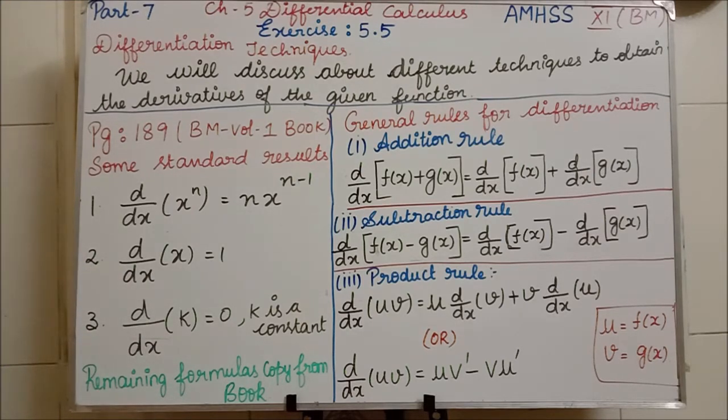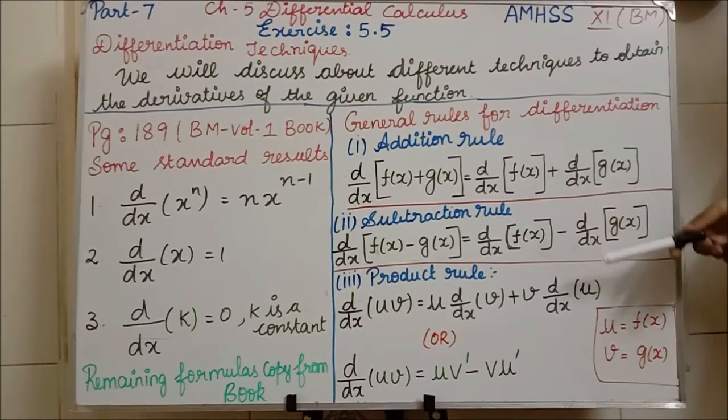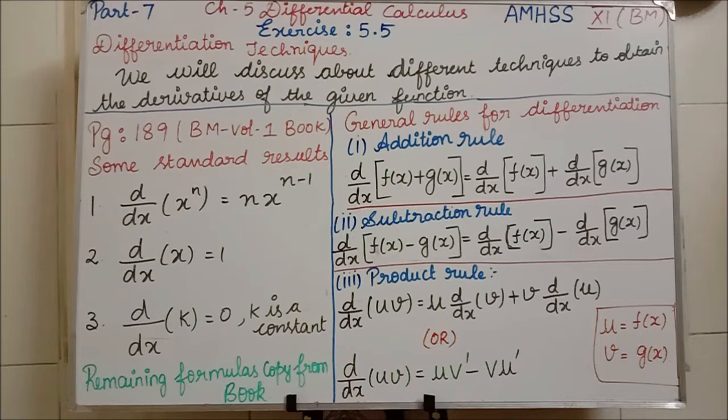Still, we have general rules for differentiation: the addition rule, subtraction rule, product rule and division rule. I have written only 3 because I only have space for that. After erasing fully I will write the division rule. Students, these rules are also on page number 190, so you can copy them from the book.